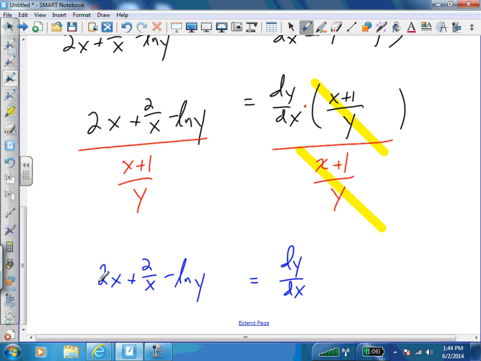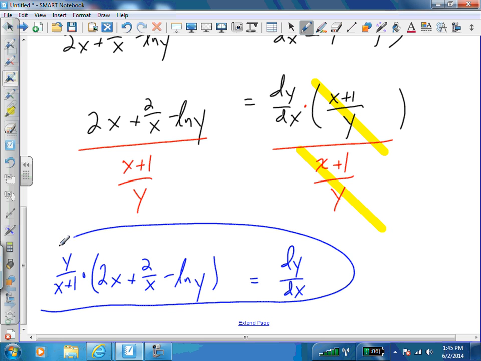Dividing by a fraction, that's like multiplying by the reciprocal. So the reciprocal, y over x plus 1. So after killing a couple rainforests, we come out with that as the derivative.